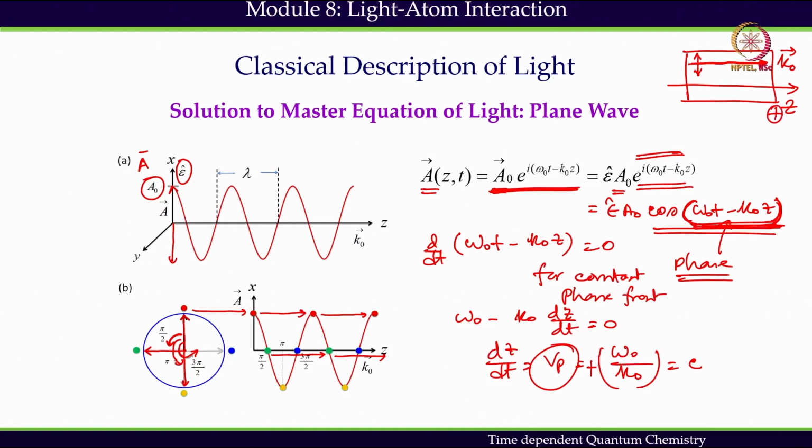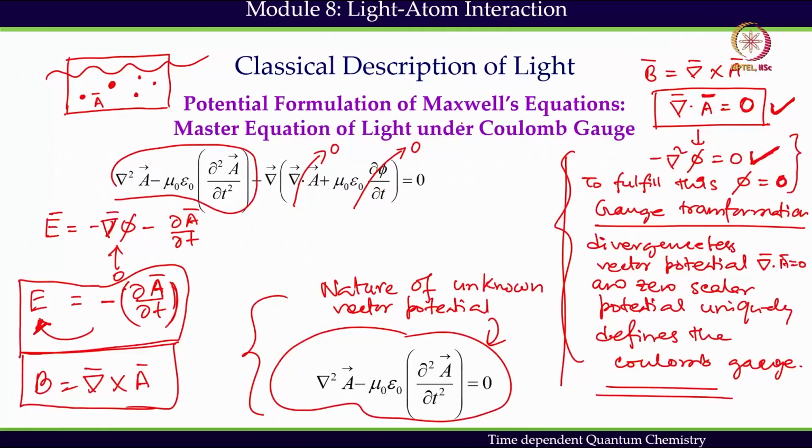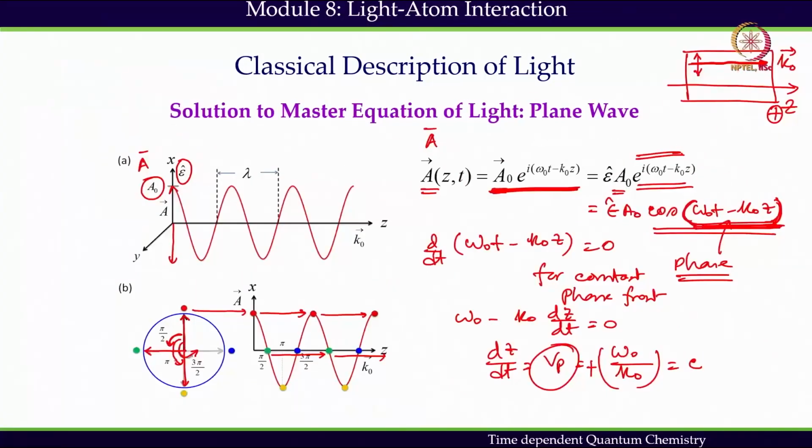There can be another solution for the previous equation, this equation which we pointed out. We can have another solution, and that solution corresponds to a light propagating along the negative or decreasing z direction.